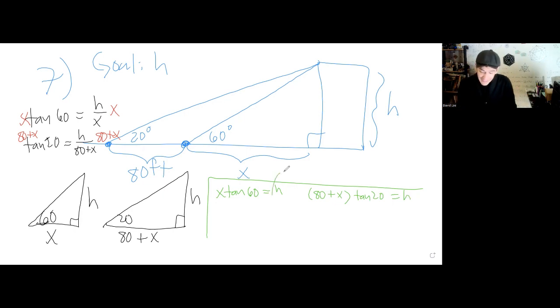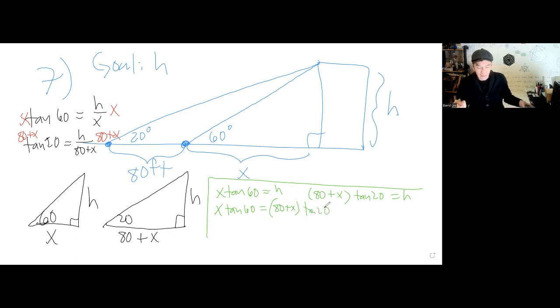Now, isn't H equal to H? Duh, it is. So because H is equal to H, all of this could be set equal to all of that. So I would have X tan 60 equals 80 plus X tangent 20.